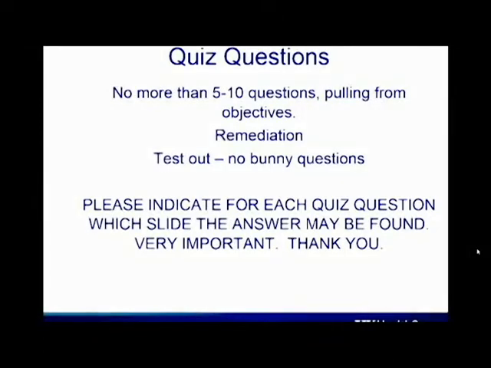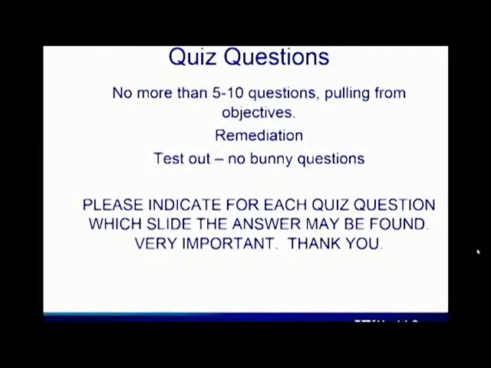So with remediation, I'm a firm believer that quizzes are not only another opportunity, but a critical opportunity to ensure learning is taking place, and also another opportunity to learn. So if they miss a quiz question, they're immediately sent back to where that information can be found for that answer. It's not saying, the answer for one is this, but by reading this, they should then be able to understand what the answer is for question number one.